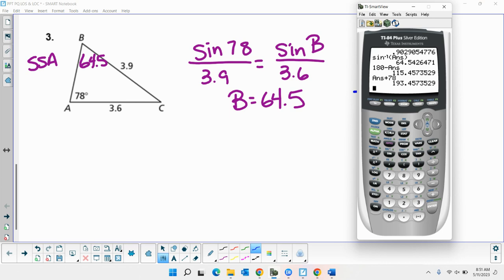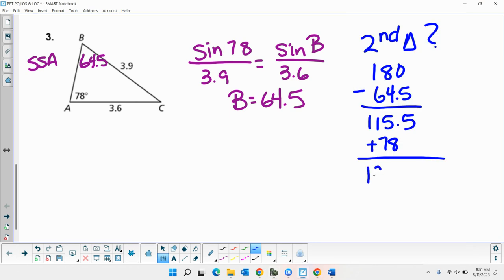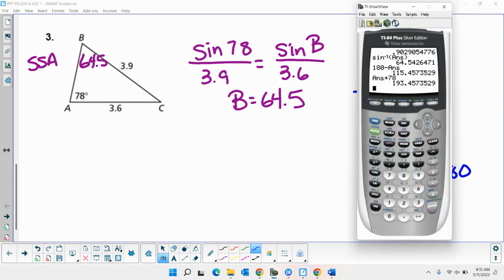And I get 193.5. So, do I have a second triangle? No, because it's bigger than 180. No second triangle. Okay? That's how I check. Questions on that?